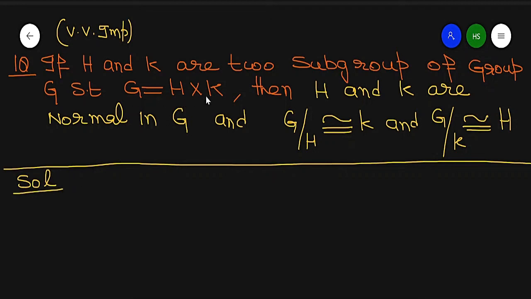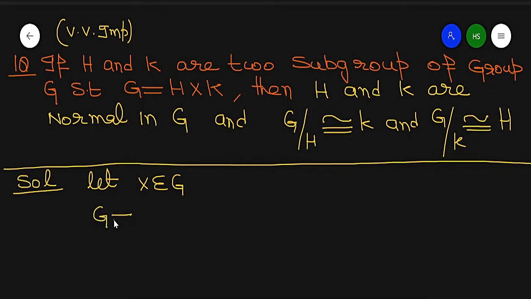First, what is G? G is the Cartesian product of H and K. Now, step number 1. First, check the element of G. What is G?